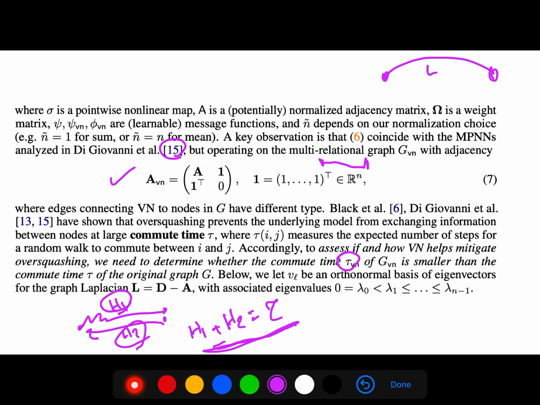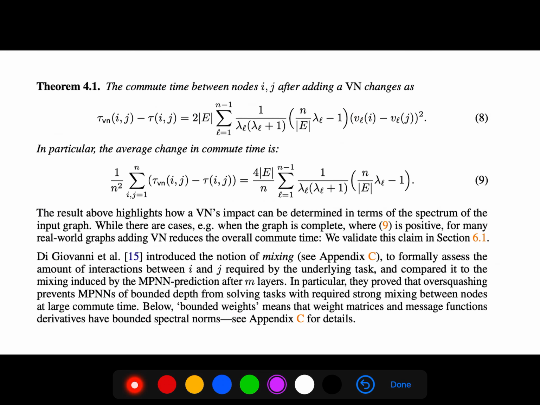Below, we let V be an orthonormal basis of eigenvectors for the Laplacian with associated eigenvalues. So the commute time between nodes after adding a virtual node changes as this. It's very interesting. So after adding a virtual node, the commute time is now different.